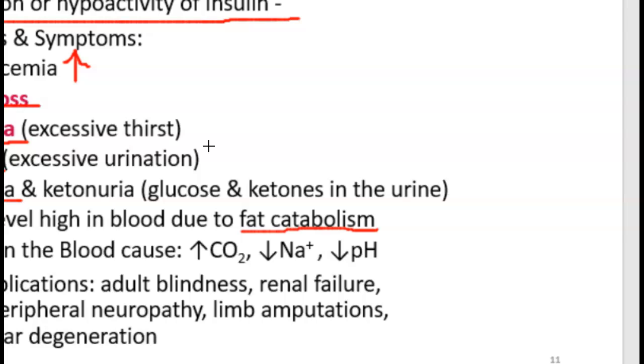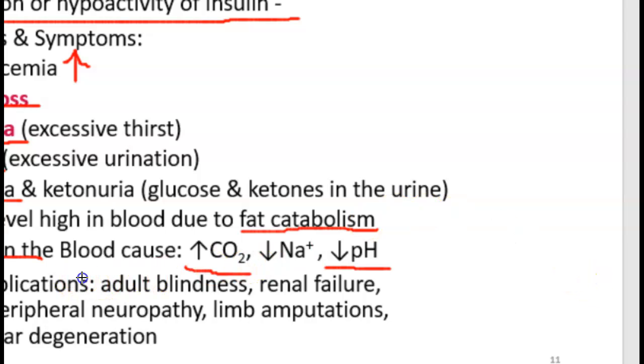So cells need some sort of energy source, and fat provides the energy source. So when fat is broken down to be used by cells to make ATP, one of the things made from that breakdown of fat are ketone bodies. And because ketone bodies are acidic, the pH of the blood goes down, the pH of the urine goes down, and often carbon dioxide levels in the blood go up.